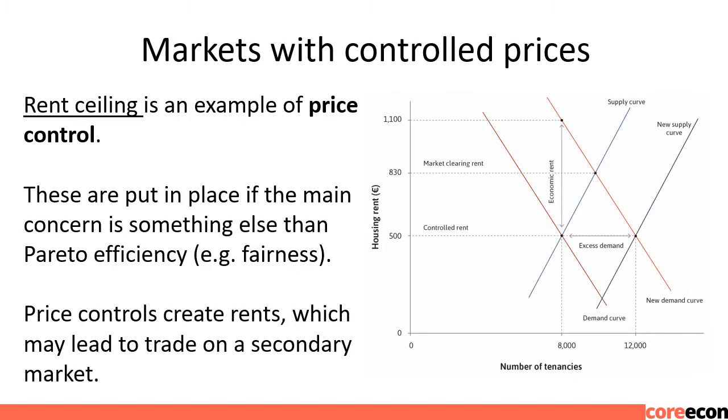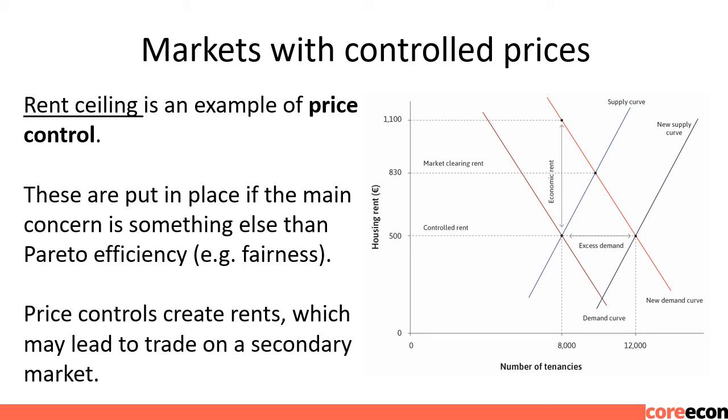Other reasons where markets might not clear is markets with controlled prices. Price ceiling is an example of price control where you cannot charge any more than what the government has set, and price floors are when you cannot charge any less than what the government has set. Rent control is an example of a price ceiling.